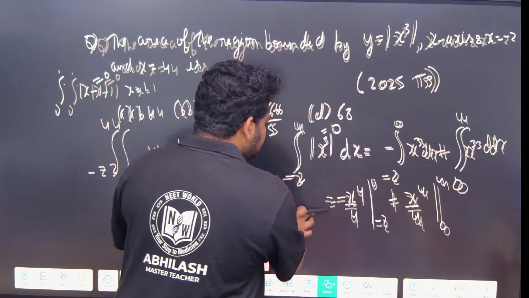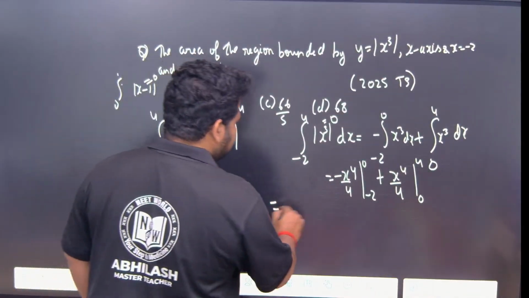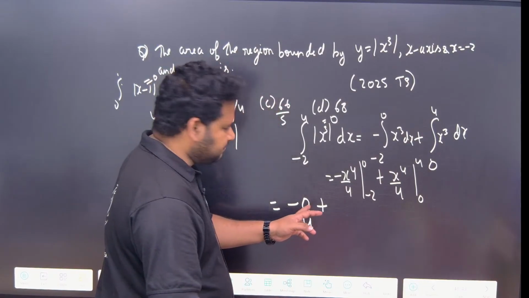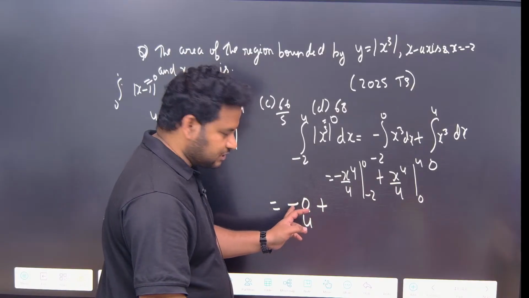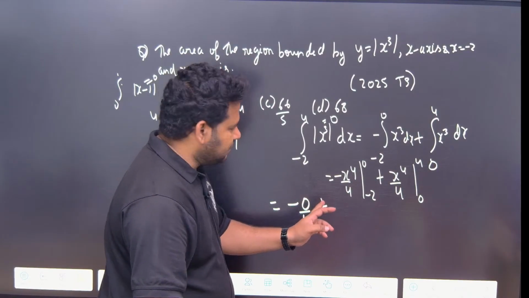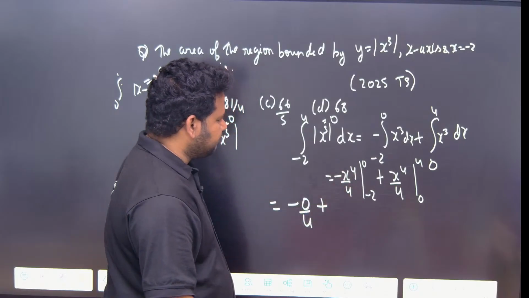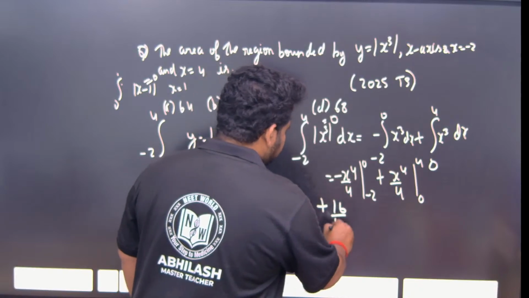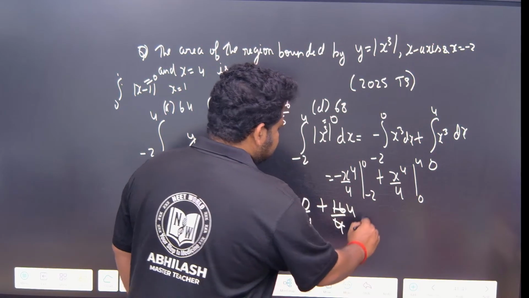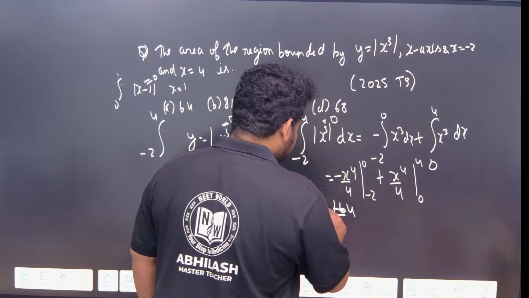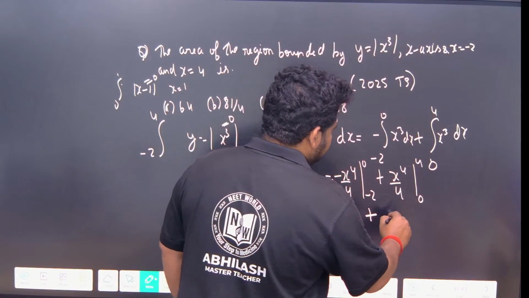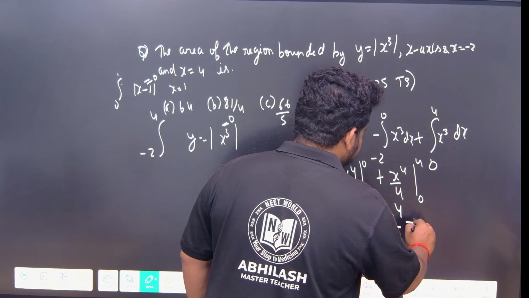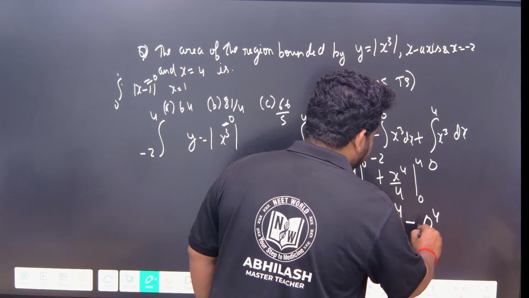Now upper limit minus lower limit. Upper limit is 0, and the lower limit is minus 2, so minus into minus will become plus. Minus 2 to the power of 4 is 16 by 4, that is 4. Plus, the upper limit is 4: 4 power 4 by 4 minus 0 power 4 by 4.